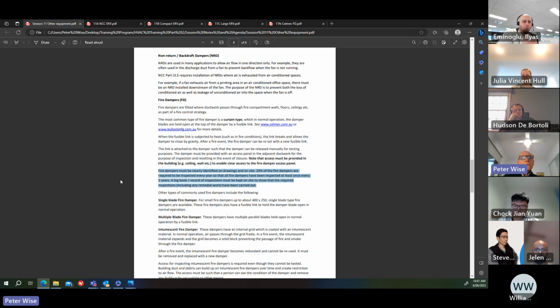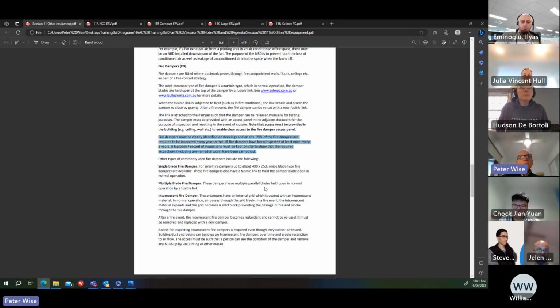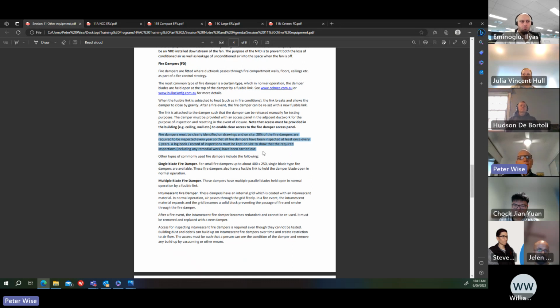So you need to keep a logbook of inspections. That's why I say 20% every year. If you do a different 20% each following year, then you'll get through the whole lot in 5 years, because they can deteriorate over time and stop working properly. A logbook or record of inspections must be kept on site to show that the required inspections, including any repairs, have been carried out.